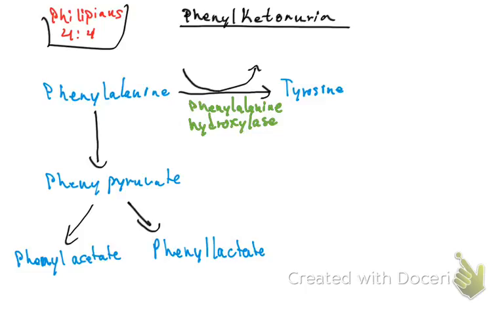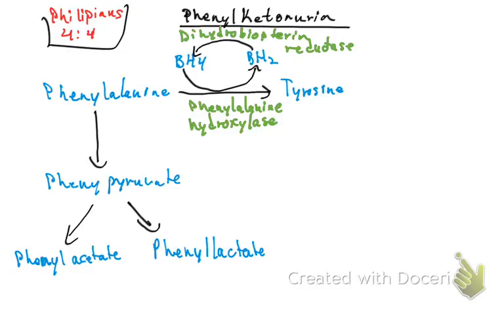Tetrahydrobiopterin can go to dihydrobiopterin, but to go there you need an enzyme, called dihydrobiopterin reductase. Got it?